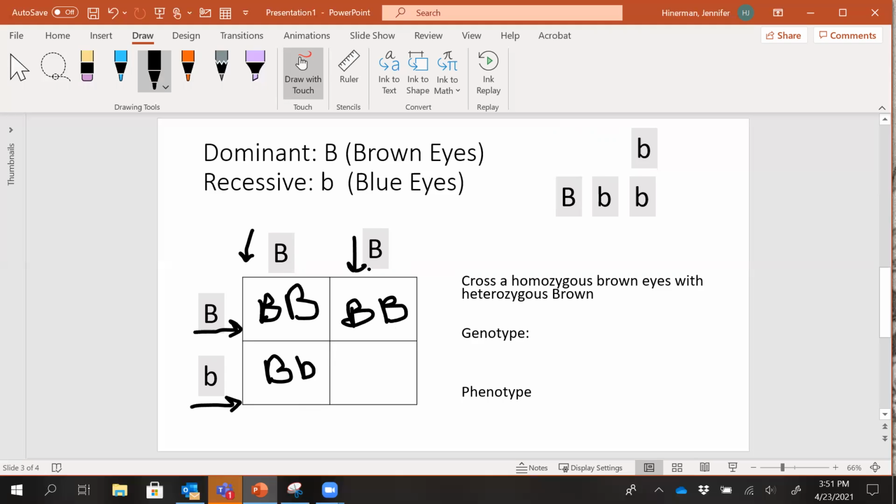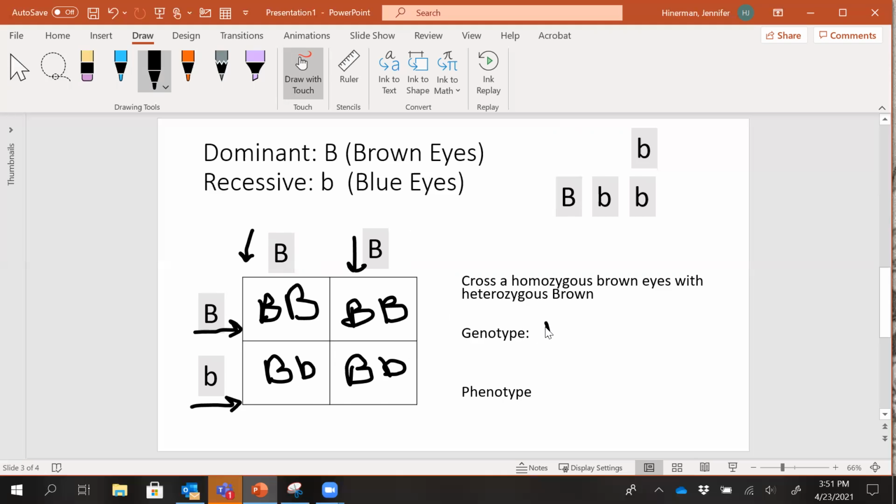And if I combine what's on the top to what's on the side, this box will be big B and little b. So now this time I have two types of genotypes. So there's two pairs that the babies could be. So again, on the top is one parent, on the side is the other parent, but in this box, these four squares are the possible babies.